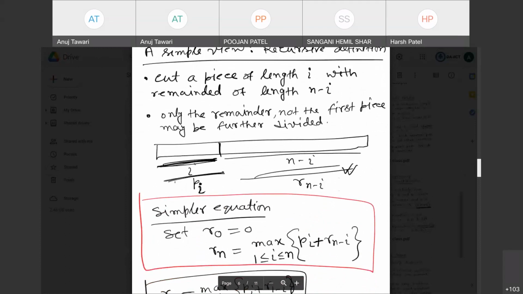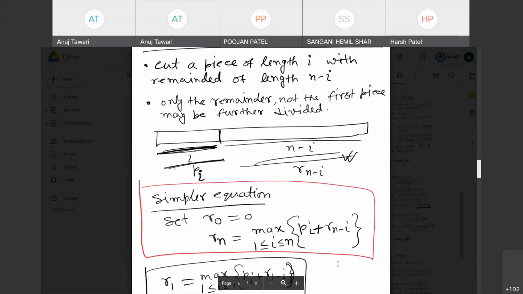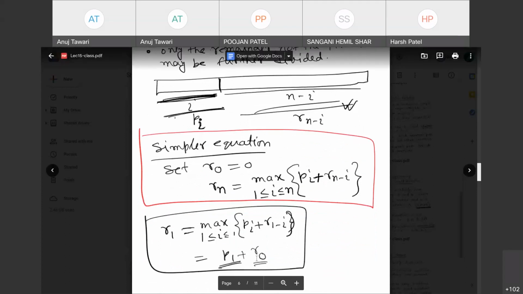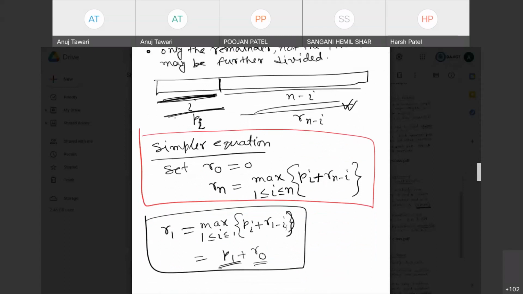So a simpler equation is: if you have a rod of length 0, obviously it's 0. And if you have a rod of length n, we make the first cut at length i and collect the price of length i plus R(n minus i). These cuts we still need to determine. So R1 is just going to be p_i plus R(1 minus i), that is, p1 plus R0.